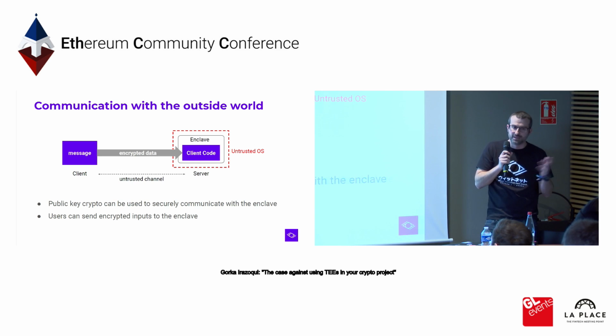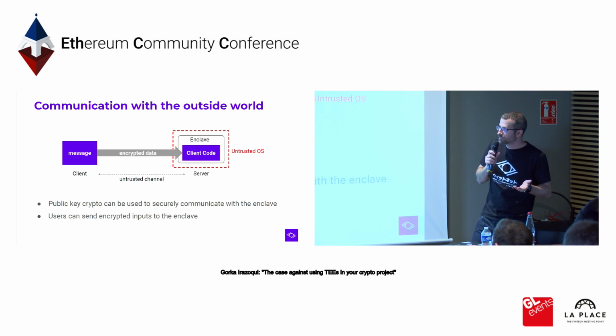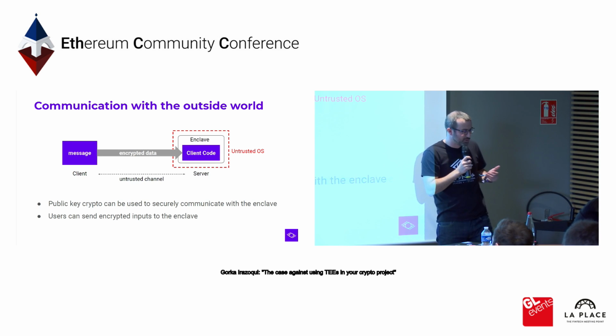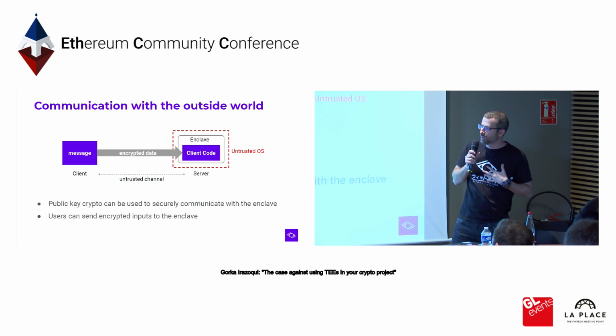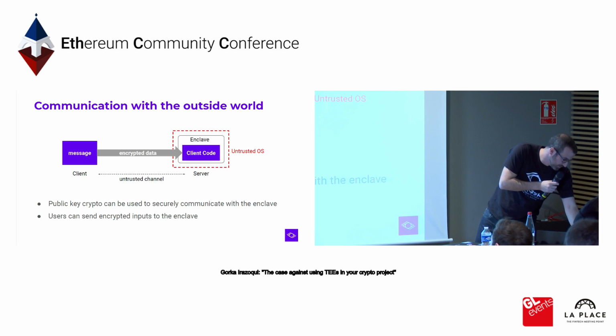Imagine we are generating asymmetric keys within an enclave. It's obvious that an external client could send data through an untrusted channel and an untrusted operating system using this asymmetric key. So it opens up many use cases.